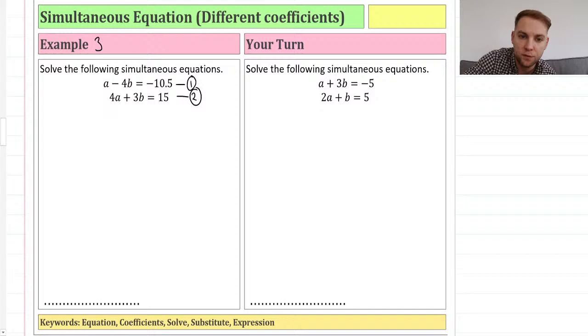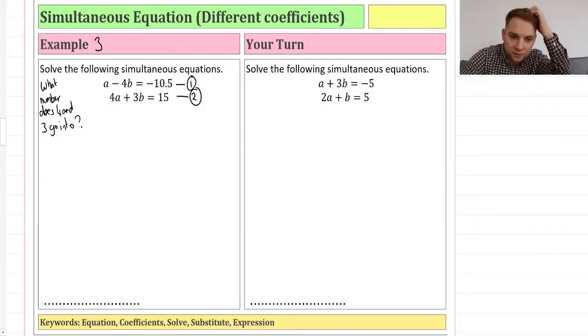So the question you're asking yourself is, what's the coefficient? The coefficient, remember, is that number in front of B. So the coefficients of B are 4 and 3. So the question you're asking yourself is, what number does 4 and 3 go into?